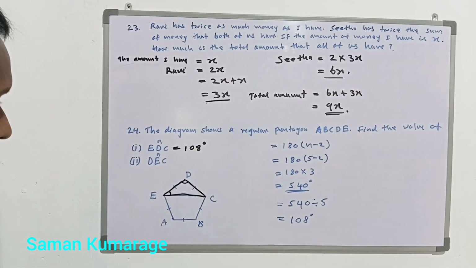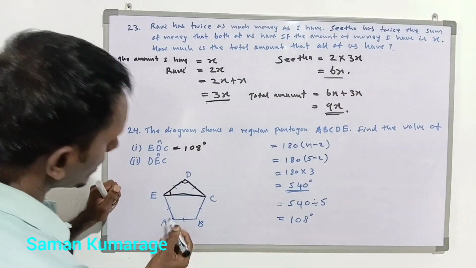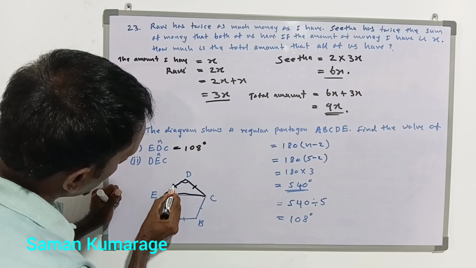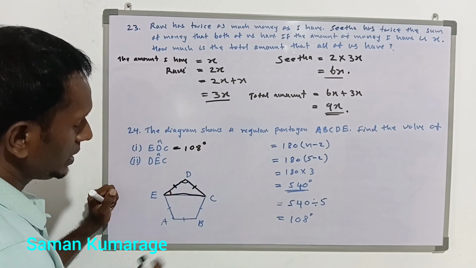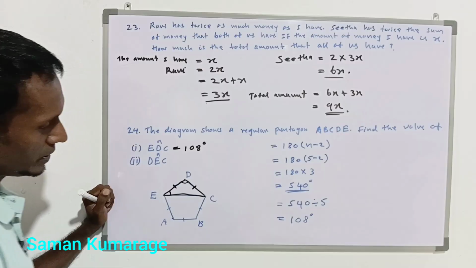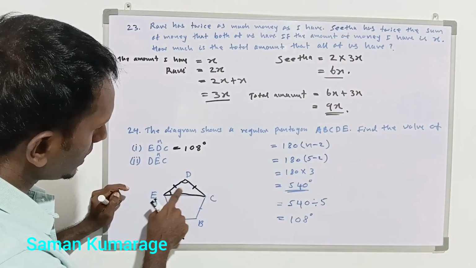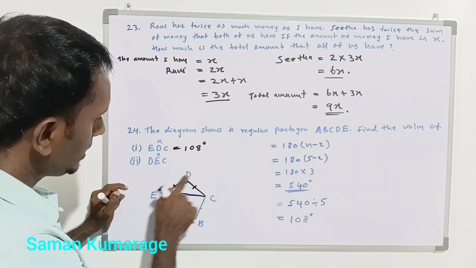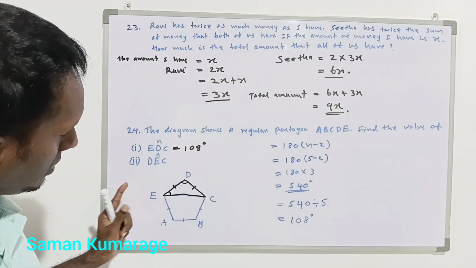In an isosceles triangle, these two sides are already equal, because of this regular pentagon. That's why EDC is an isosceles triangle.